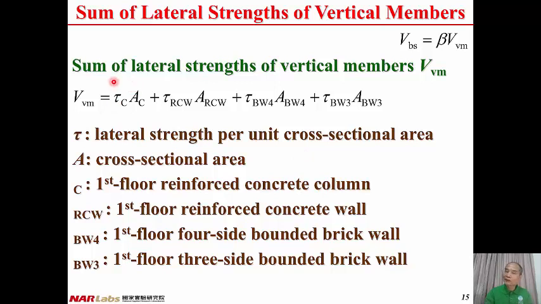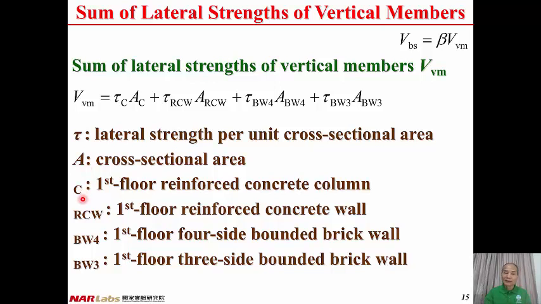VBM is the sum of lateral strengths of vertical members by this equation. VBM equals tau C times AC plus tau RCW times ARCW plus tau BW4 times ABW4 plus tau BW3 times ABW3. Tau here is the lateral strength of the vertical member per unit cross-sectional area, and A is the cross-sectional area of that vertical member.